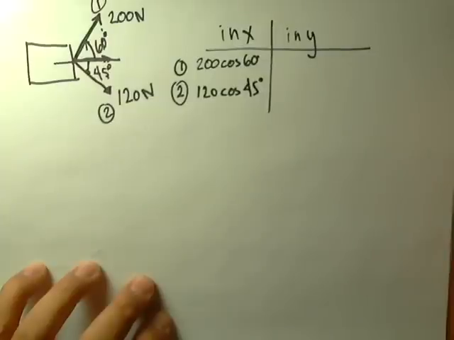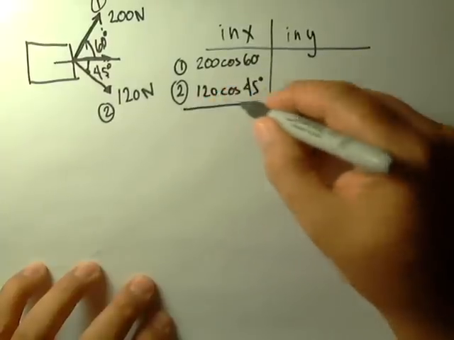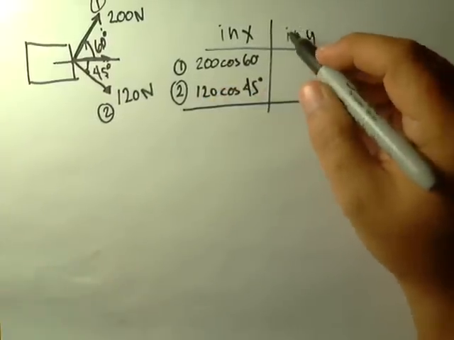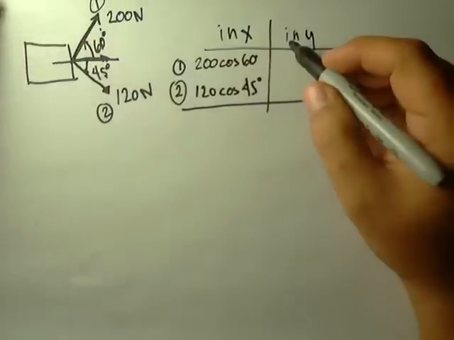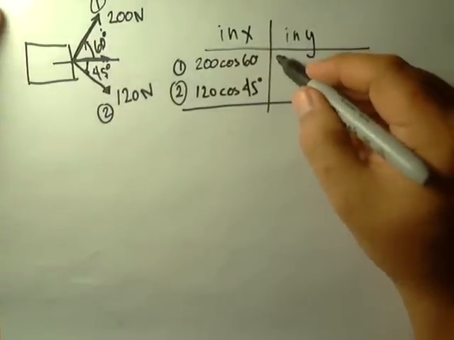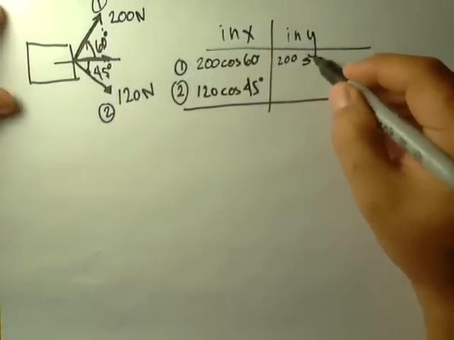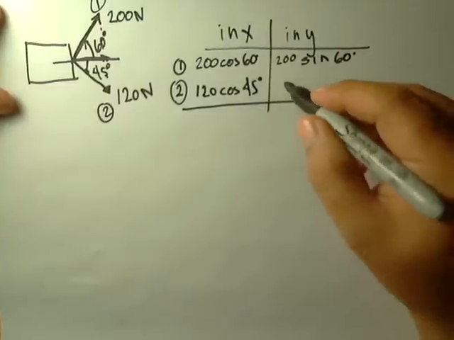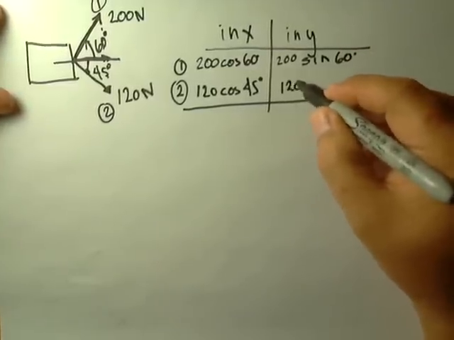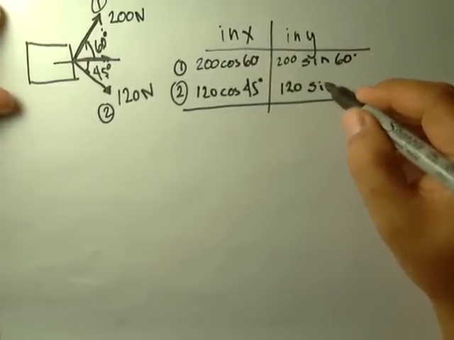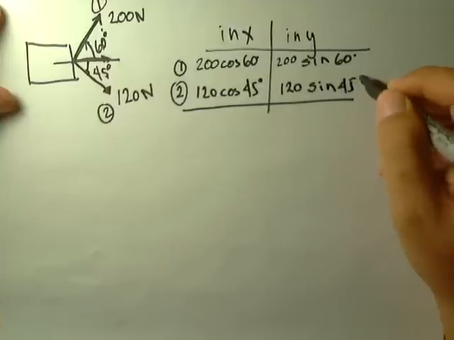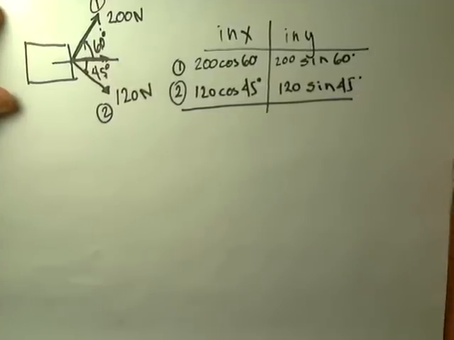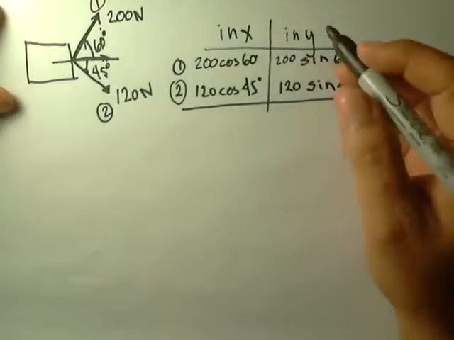That's it. Simple. Now in Y, for the first vector, we will have 200 sine of 60 degrees, and on this one 120 sine of 45 degrees. That's it.